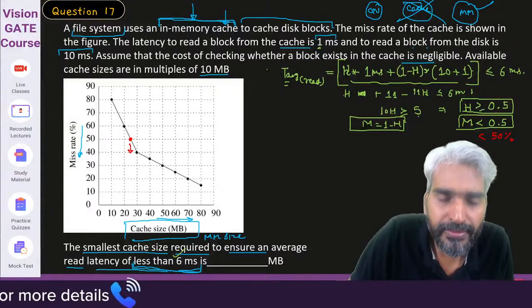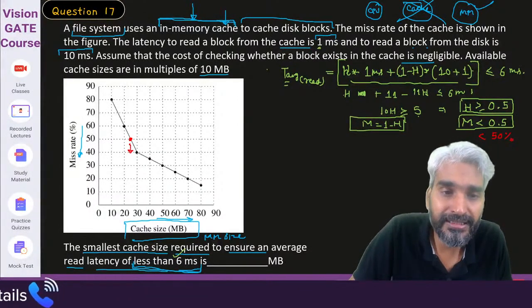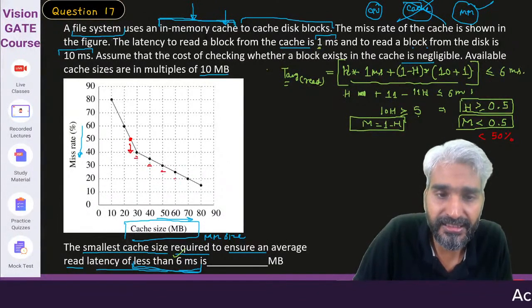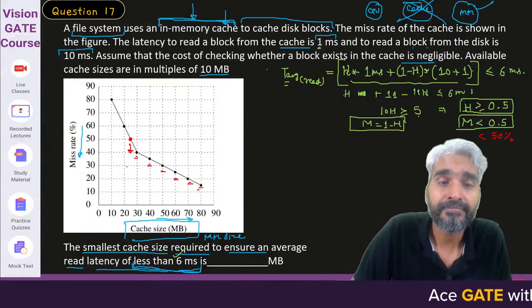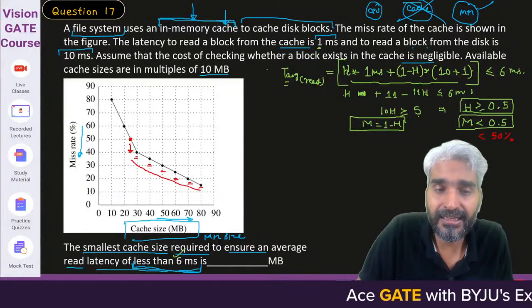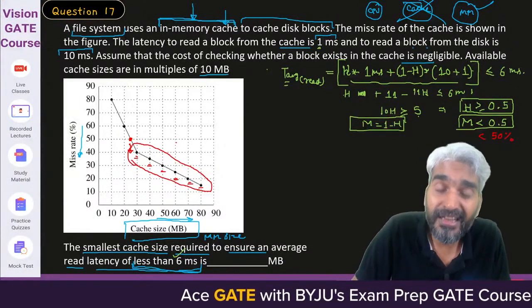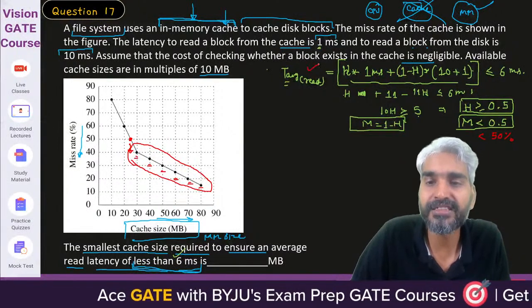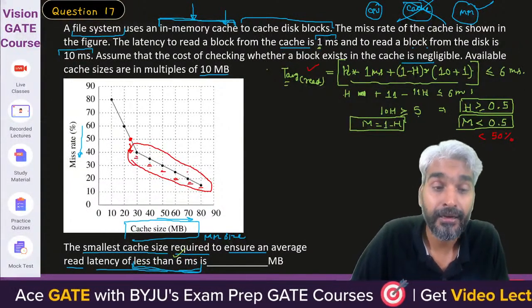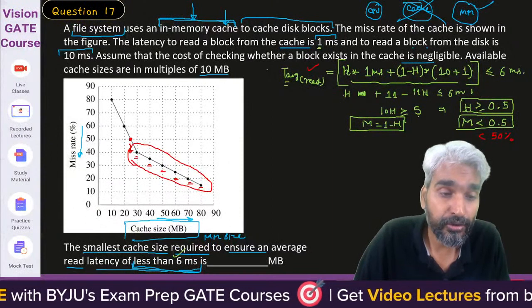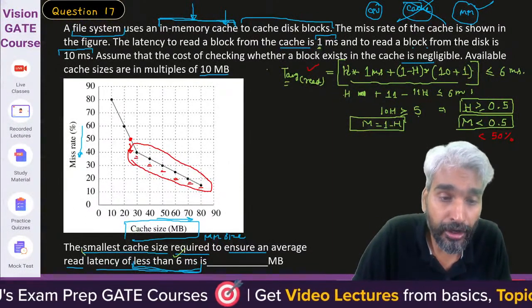The miss rate will be lesser than this only with respect to block sizes 30, 40, 50, 60, 70 and 80. So if the block size is 30, 40, 50, 60 or 70, then the miss rate will be less than 50% and ultimately the average read access time will be less than 6 milliseconds. But the question is asking for the smallest cache size.